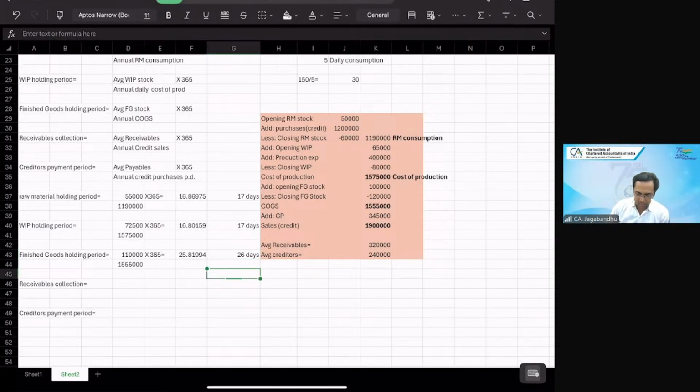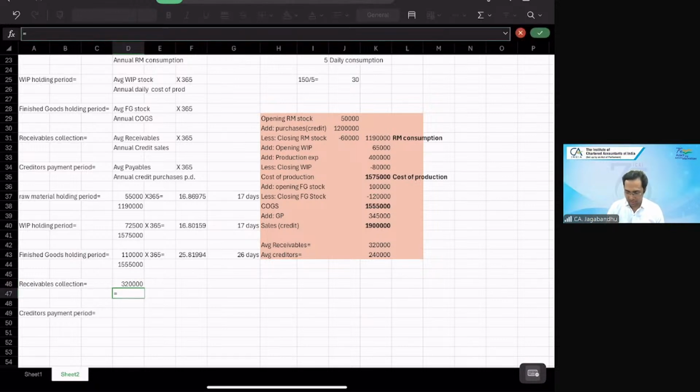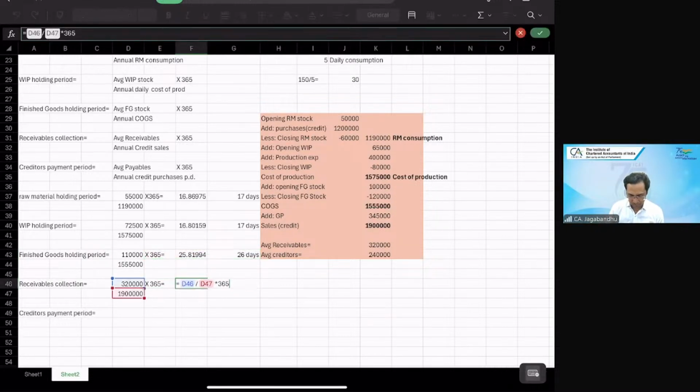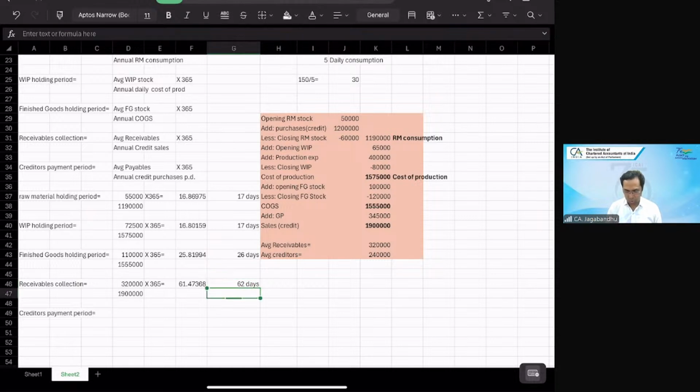Receivables collection period. Receivables collection is going to be average receivables, which is 3,20,000 upon sales of 19. So here we have this number to be 62 days. And then finally creditors payment period.